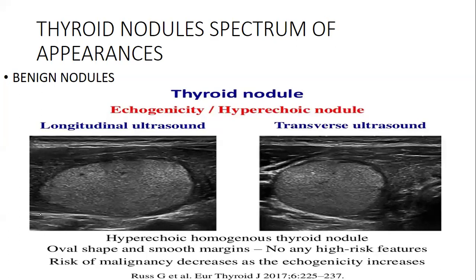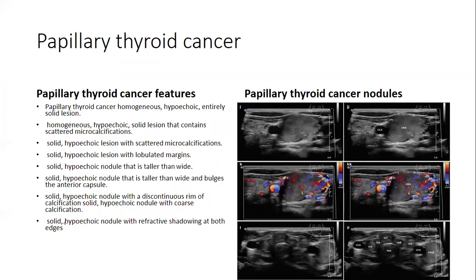Maybe with this one it is very unlikely that you have malignancy because the margins are smooth, and so you wouldn't really think of malignancy here. Now, I've briefly touched on certain aspects of the papillary thyroid cancer.